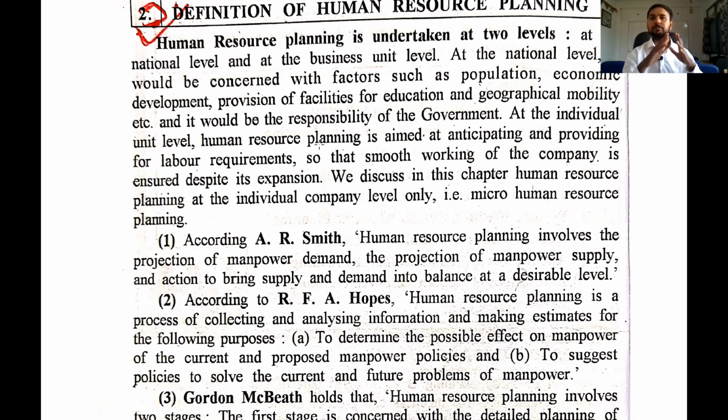So guys, the second one is at an individual unit level, where an individual firm plans for human resources as per its requirement, that is, how many employees a particular company requires and how it will get the employees as per its requirements. So this is all about the two levels of planning of human resources, one at national level and the second at individual firm level.